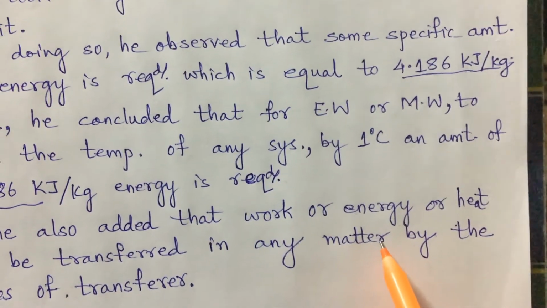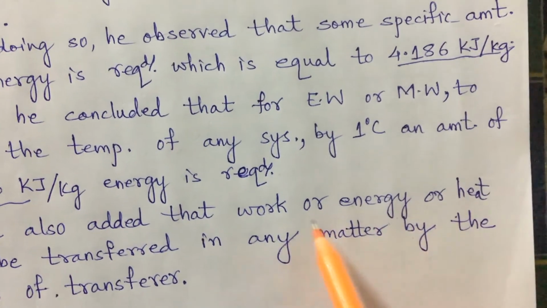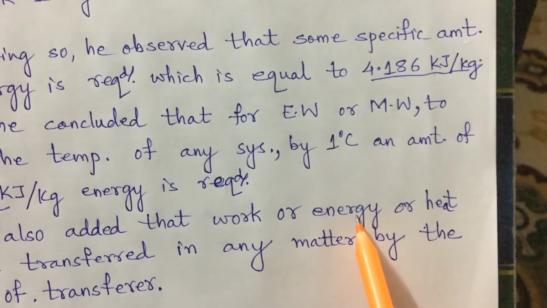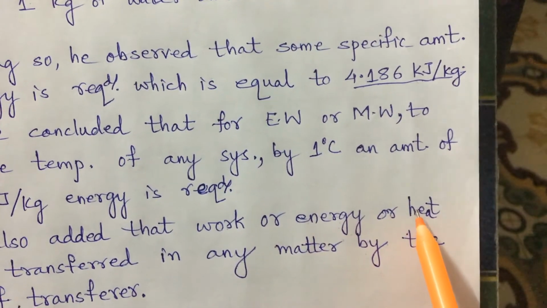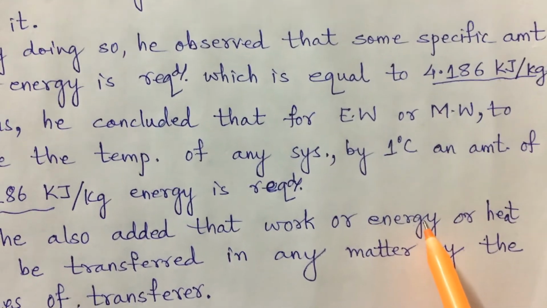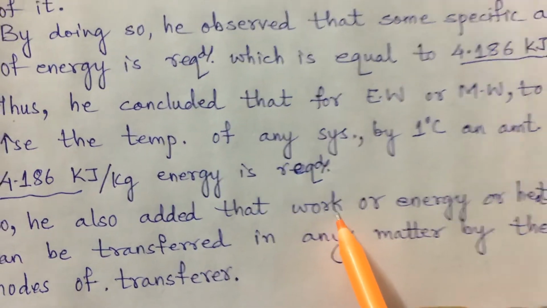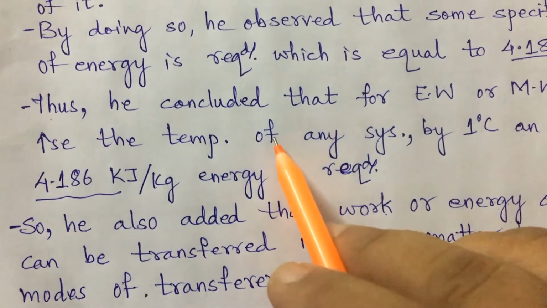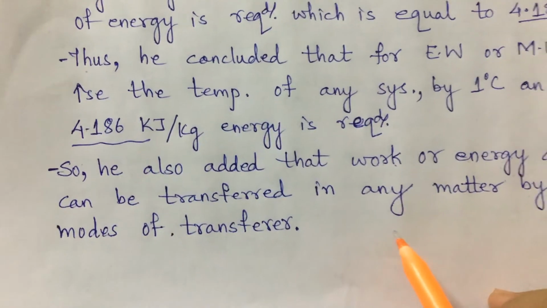In this thermodynamics chapter, later on we will see that work is considered to be energy, and energy is considered to be heat. So if heat energy is changing, then that energy is in relation to the work, right? So this is all about the practical which was done by Joule.